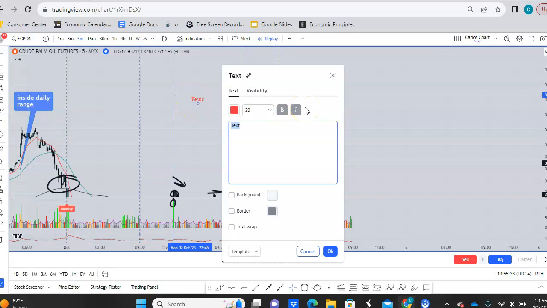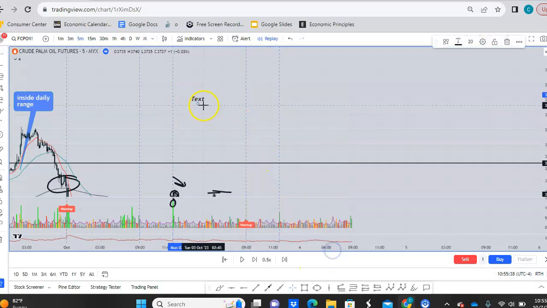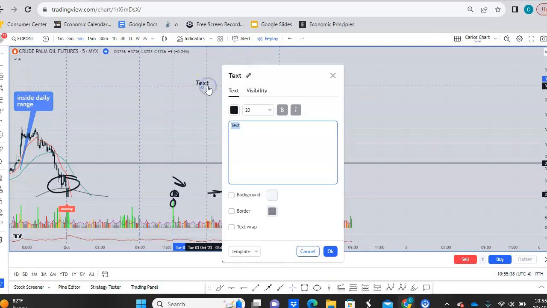So we're gonna do this. We're gonna highlight. Okay, so you want to be precise on the story. So how do you do that? You figure out who's in control, buyer or seller.